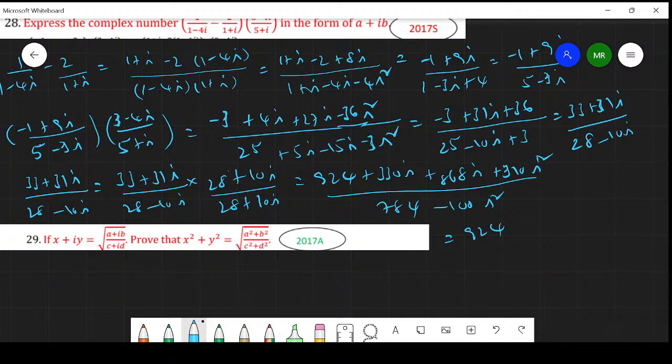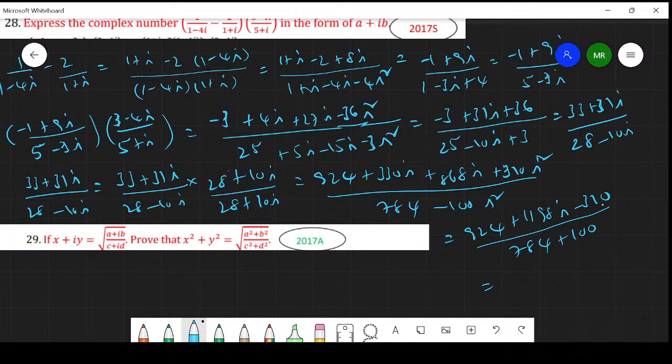So you add 868 plus 330, and it comes to 1198i. Then minus 310 i square, and 784, 100 into i square. I square is minus 1, so plus 100 it comes.